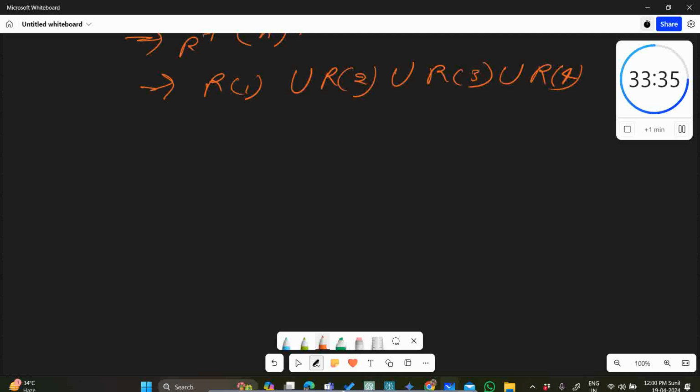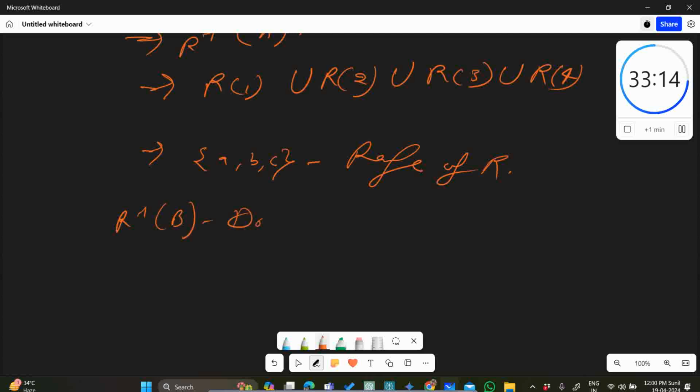R of 4 will be like {a, b, c}, which is the range of R. R inverse of B is the domain of R.